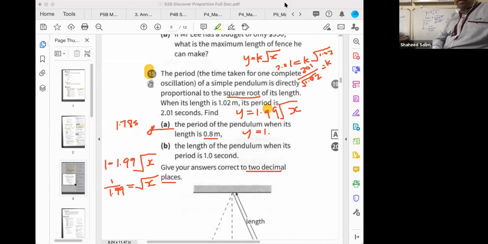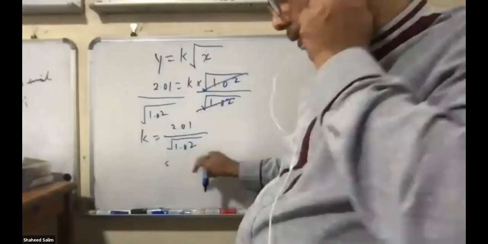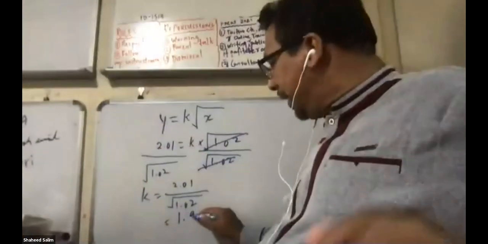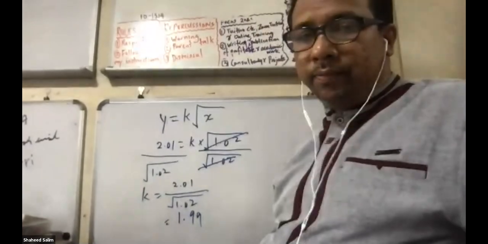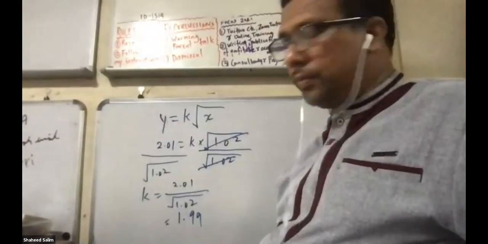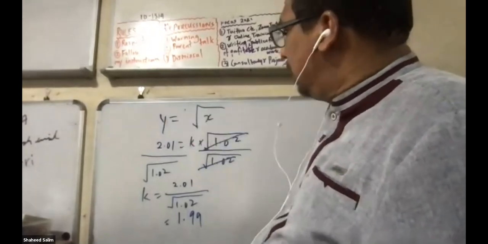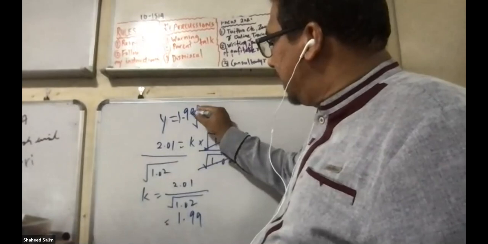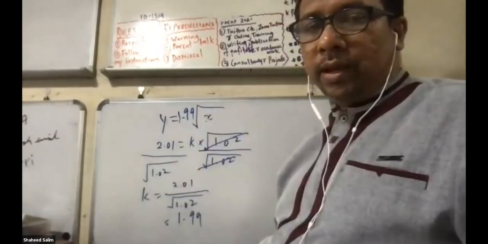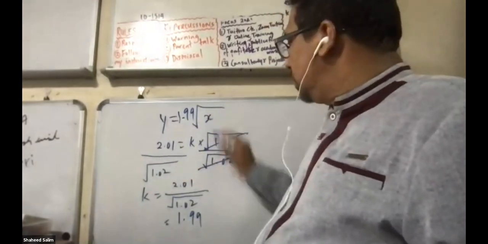From here we get 1.99. K is 1.99. And as you said correctly, this new equation will be 1.99 times square root of x.